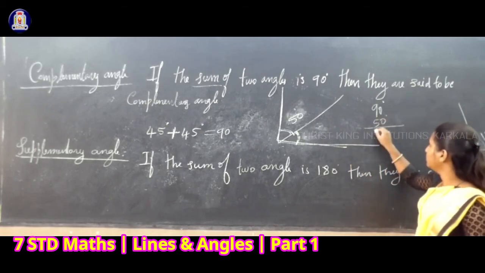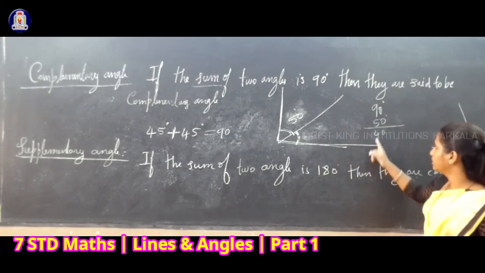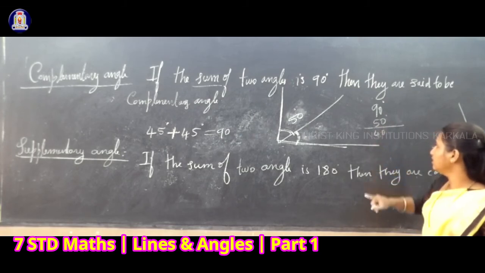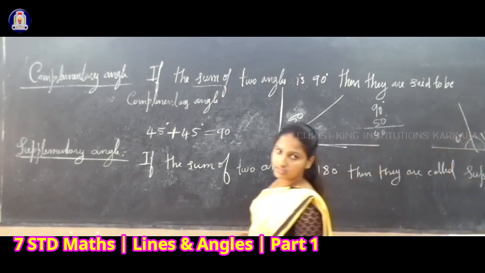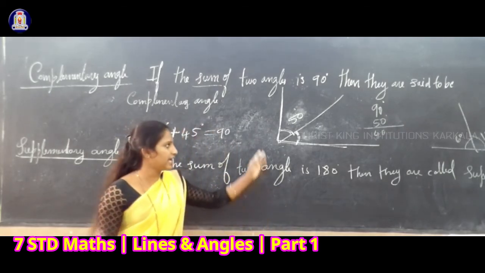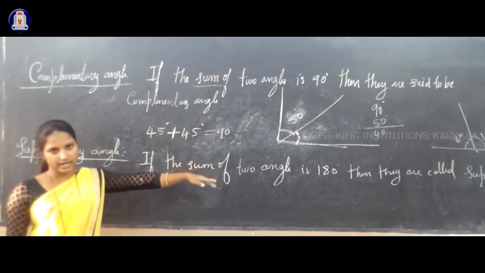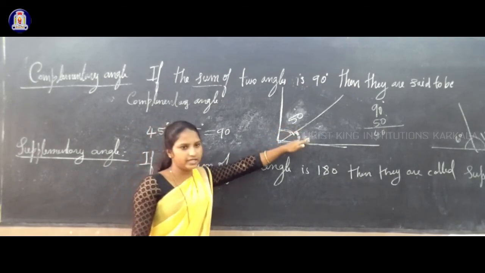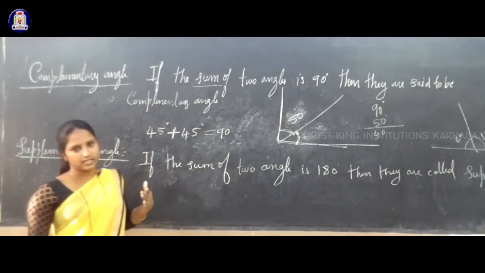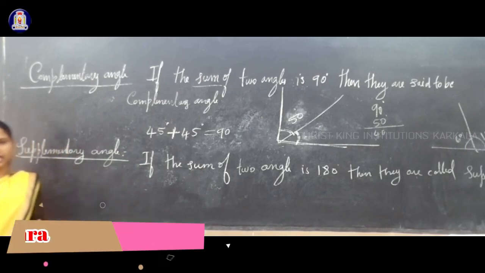Your answer is 40 degree. Clear? So the complementary angle of 50 is 40. 50 plus 40 is 90 degree. From 90, if you subtract that angle, you get the other angle. That is a complementary angle.